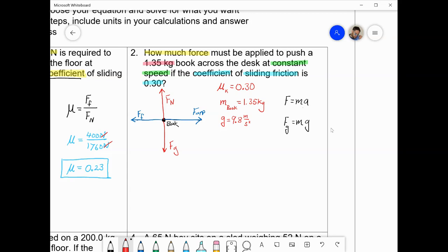And so if I use these pieces of information to figure out what the force due to gravity is, that's pretty easy. I can do that by saying Fg is equal to my mass, which is 1.35 kilograms, multiplied times 9.8 meters per second squared.